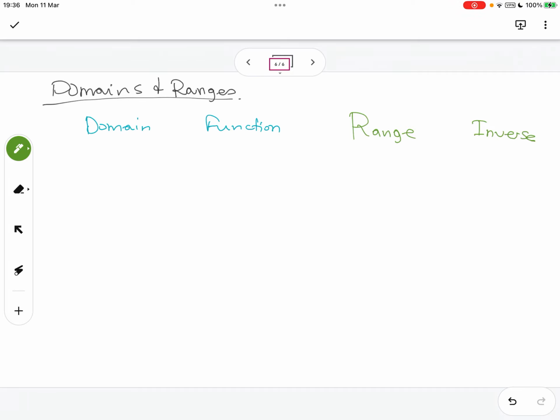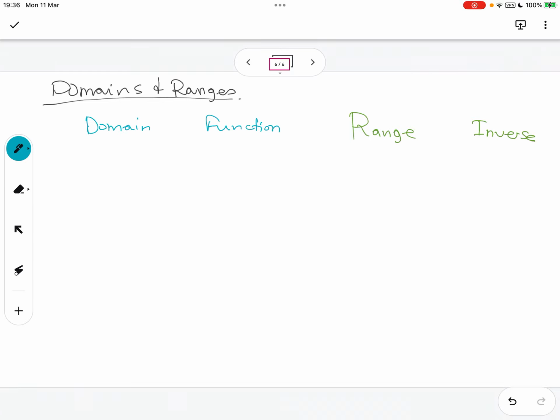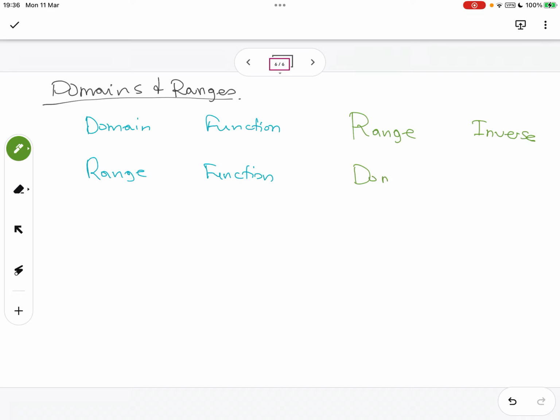And the range of the function, the ones that have to do with the function, I'm writing them in blue. So the range of a function is the domain of that function's inverse. Right, all of this stuff is not making sense at the moment, and I totally understand, but bear with me.